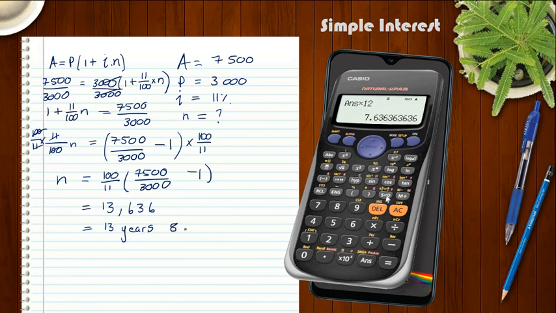So this would then be 8 months, because remember, in finance we always round up, because 7 wouldn't complete the cycle, or you wouldn't have reached 7,500 Rand by only 7 months. But after 8 months you definitely would have reached the 7,500 Rand.